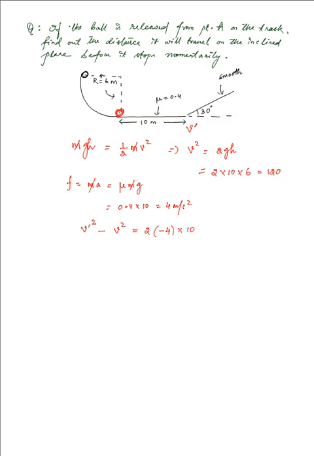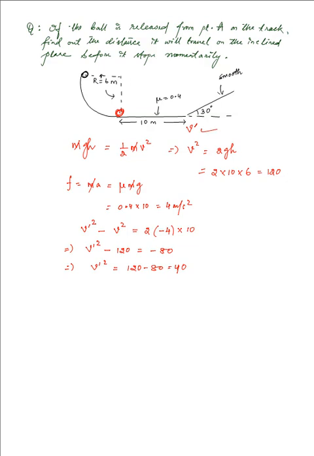So we have v prime squared minus 120 equal to minus 80. So 120 goes to the other side, and v prime squared is equal to 120 minus 80, so v prime squared is 40.